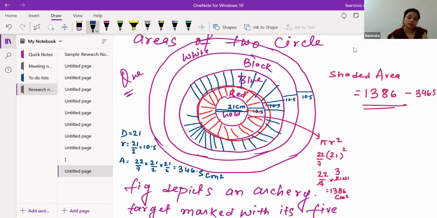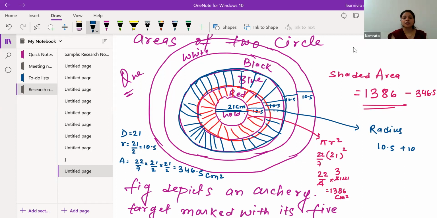Okay. So what is the radius of the bigger circle? When you look at the bigger circle, this blue color circle, can you see my pen? This circle's radius will be the smaller circle radius 10.5. After that width is 10.5. After that width is 10.5, and that will give the total blue circle radius. Got it?